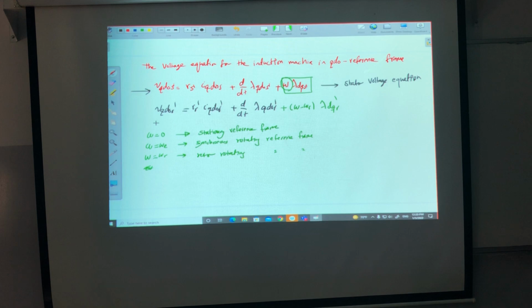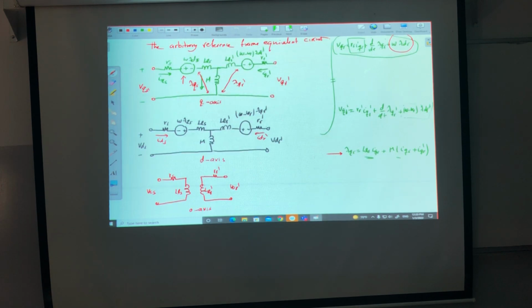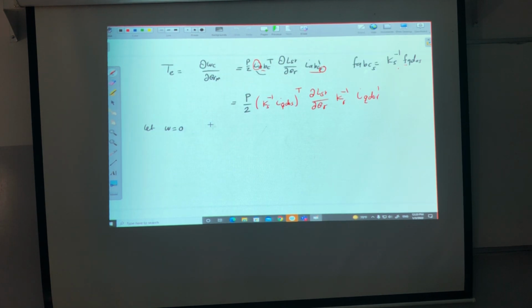This is the stator equation. If omega equals 0, this term will equal 0. So I will not carry anything with me. Because at the end of the day, if I need to calculate the input power, P_in, it equals what?